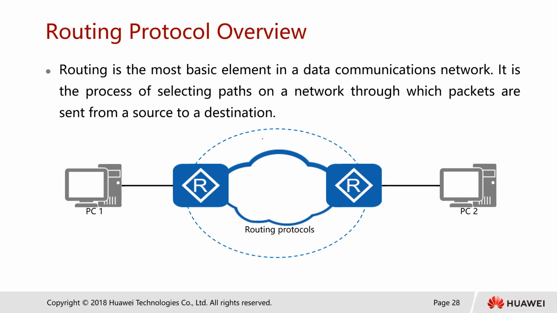So routes are classified into the following categories. We have our network segment routes. The destination is a network segment. The subnet mask of an IPv4 destination address is less than the 32 bits that we all know.